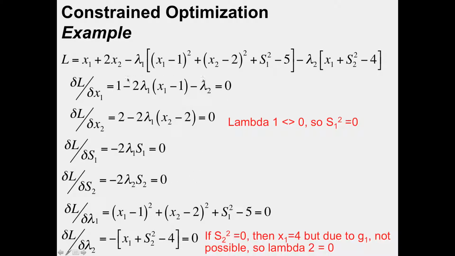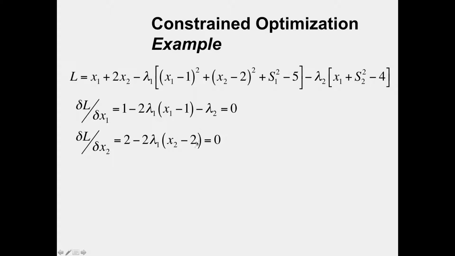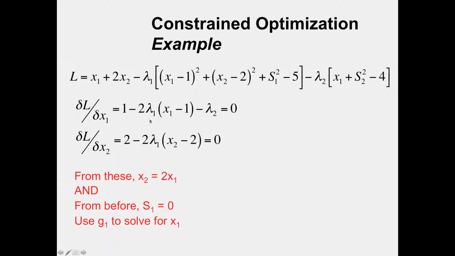So I can come back up here now. I've found as much as I really need to. Lambda 2 is 0. I can take these first two equations. Lambda 2 is 0. I know that I can solve these and find the relationship between x1 and x2. And from before, I know s1 is 0, so I can use g1 to solve for x1.